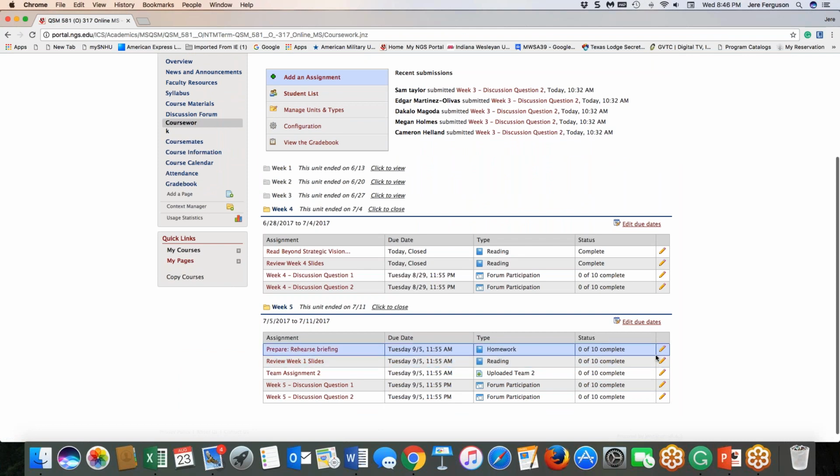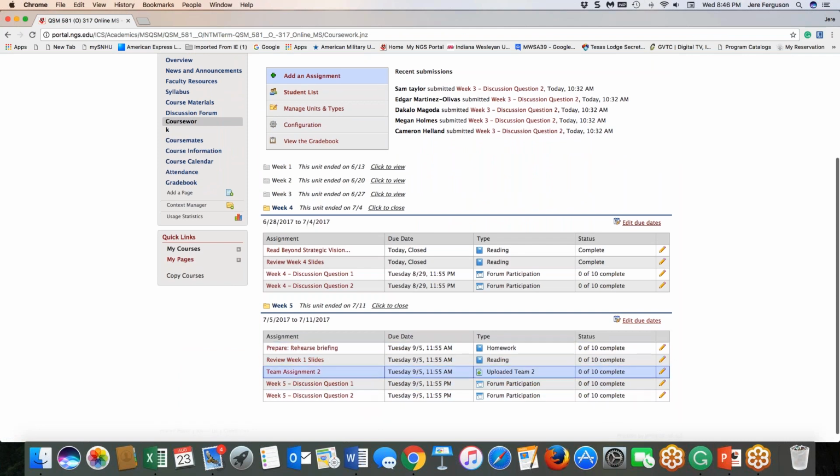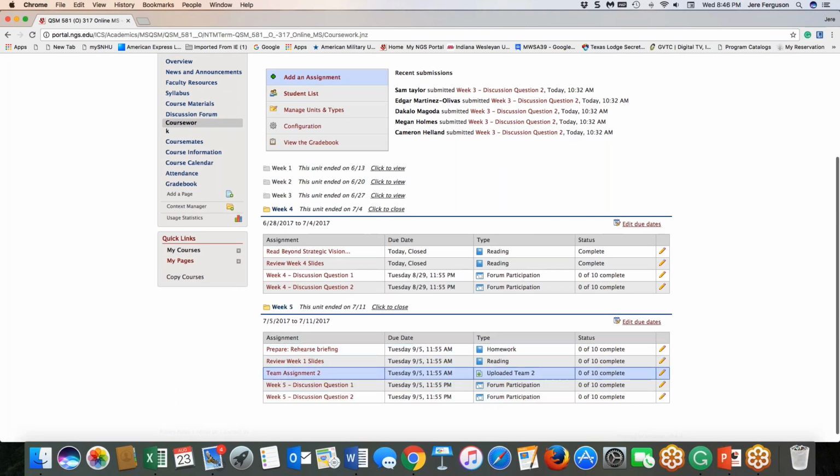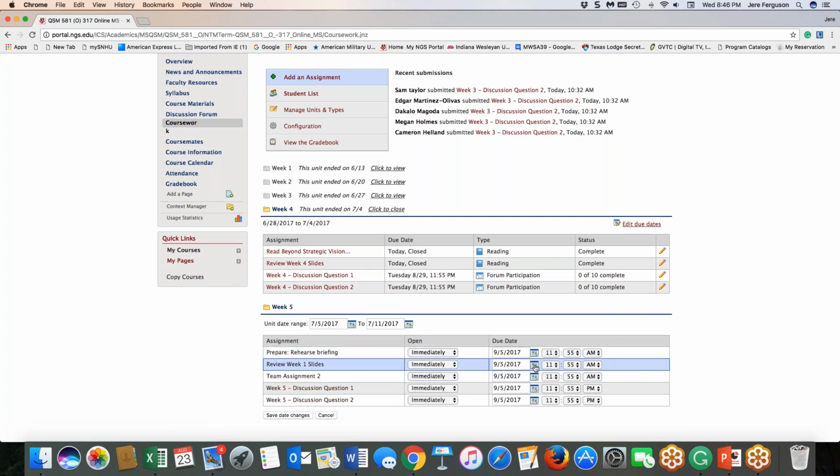Maybe I changed the reading by mistake. That's interesting. Look, that changed them all, didn't it? All right. I've moved it to the 5th. It looks like this changed all of them because this should still be the 30th. All right. Looks like that's team assignment 2, 5th.